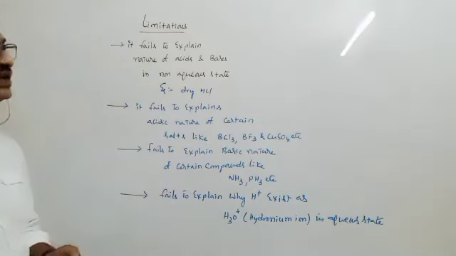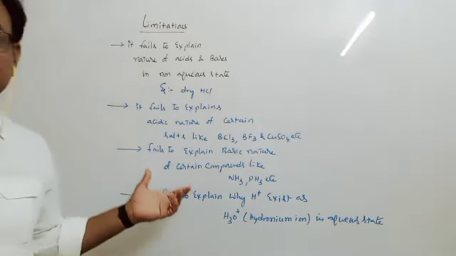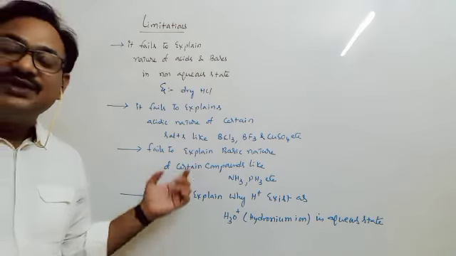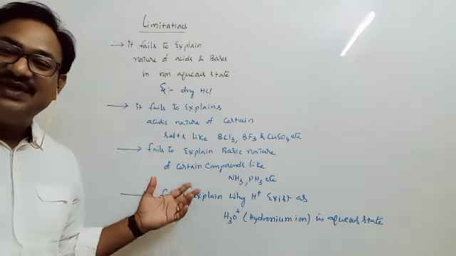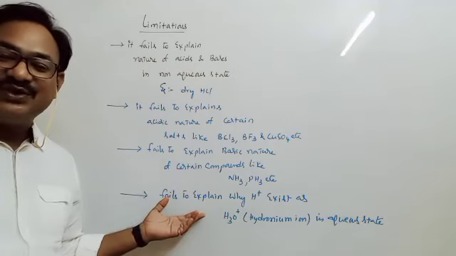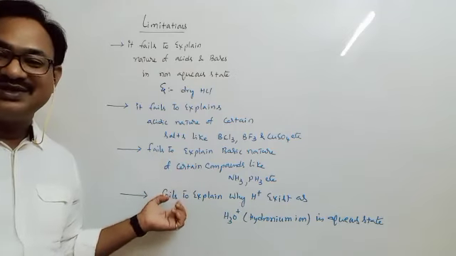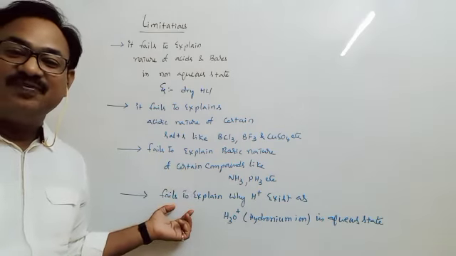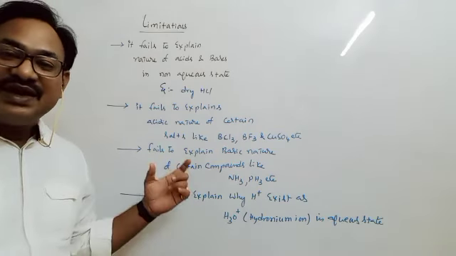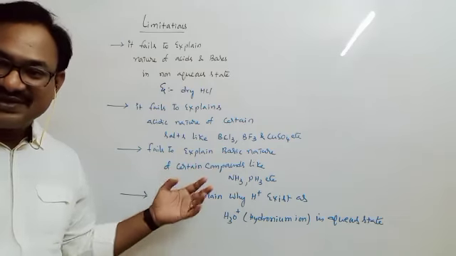It's about the limitations of this Arrhenius theory. To overcome these limitations, the next theory was introduced by Lowry and Bronsted. So that's what we call the Lowry-Bronsted theory, and it will be explained in the next class.